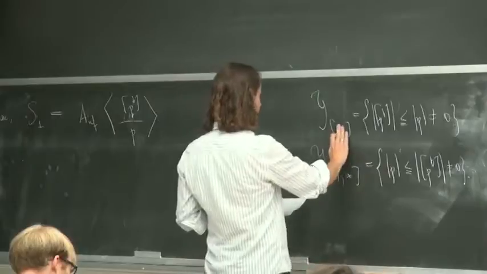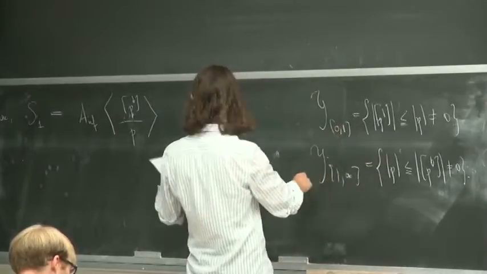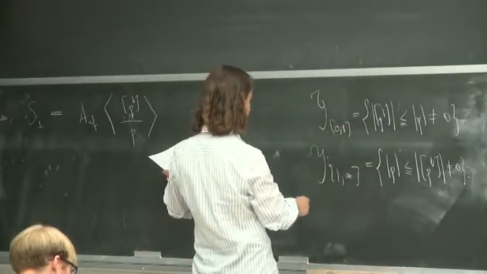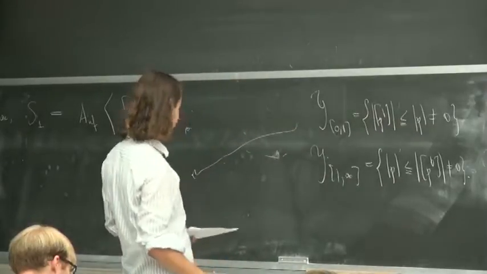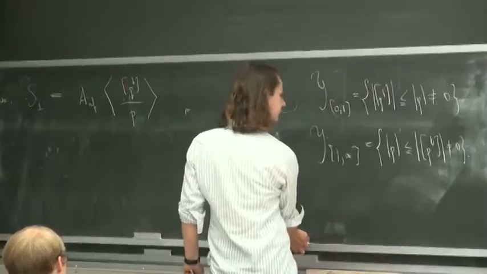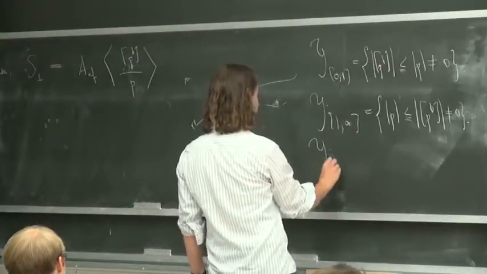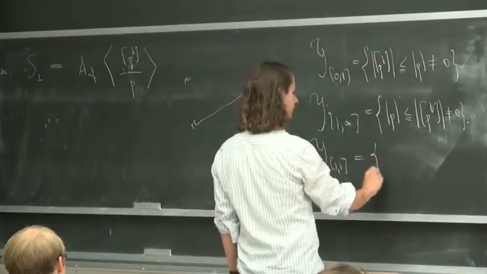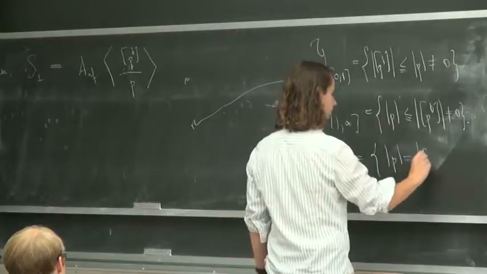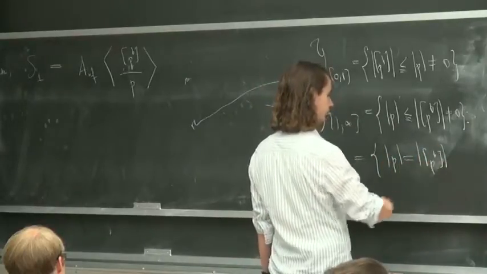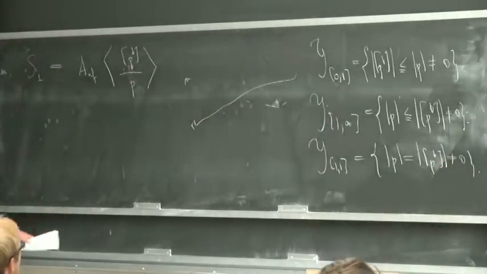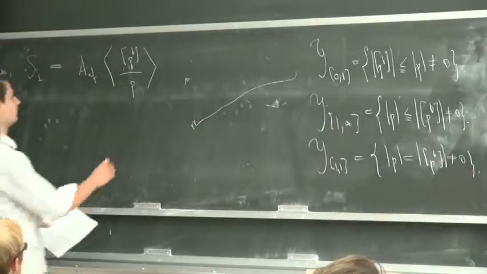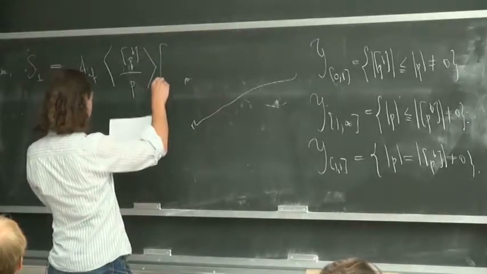Let's keep it this way, but this corresponds to this guy, and this corresponds to the guy we'll write next, so I apologize for that. Y_{1,1} is the locus where their absolute values are equal and non-zero. So it's this guy, and then you also invert p again.